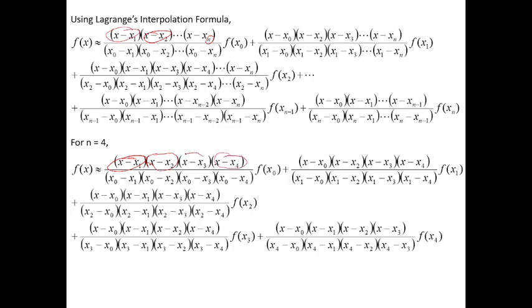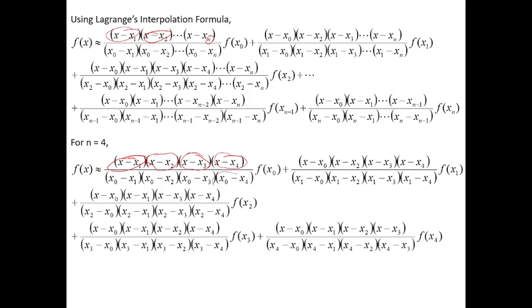So we have here x minus x sub 3, that's it. Then likewise in the denominator, x sub 0 minus x sub 1, x sub 0 minus x sub 2, x sub 0 minus x sub 3, until we reach x sub 0 minus x sub 4.